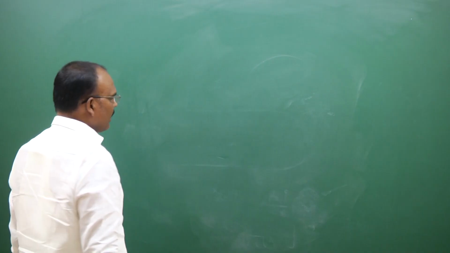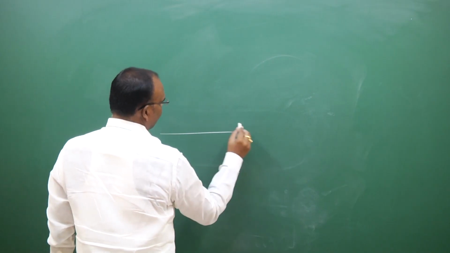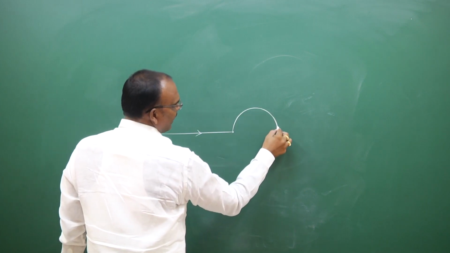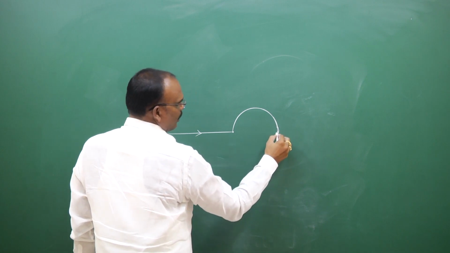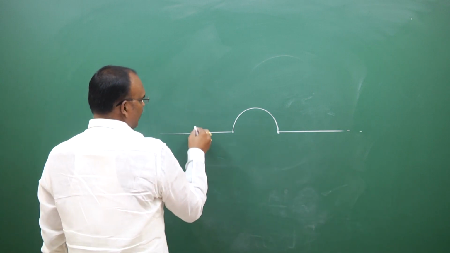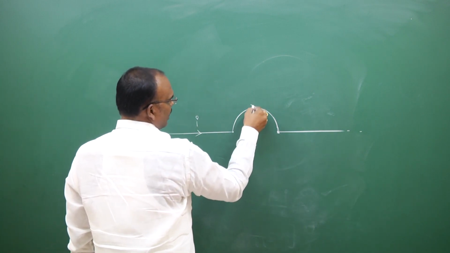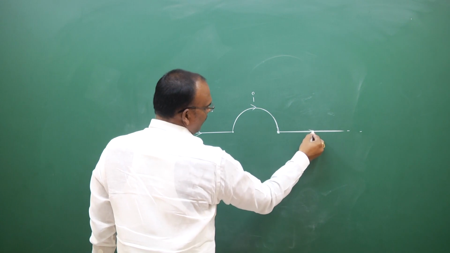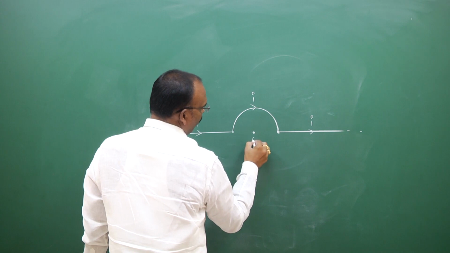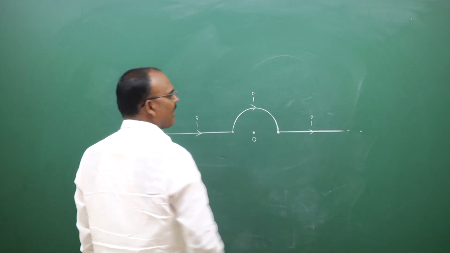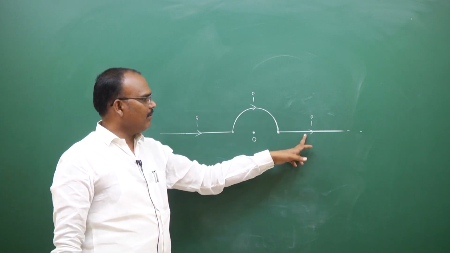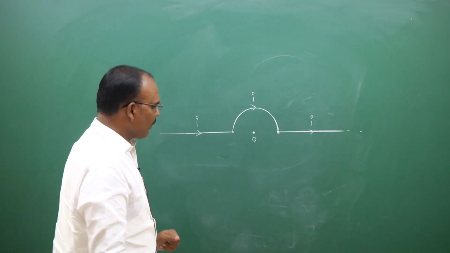Next application. Next problem is like this. This is a long conductor, but here we have one semicircular section followed by another long conductor like this. See, if it carries current I, it also carries current I, the same current is passing. Now they'll ask you to calculate magnetic field at point O, which is the center of the semicircular arc. Here also one straight conductor, one arc, one straight conductor, total 3 elements.